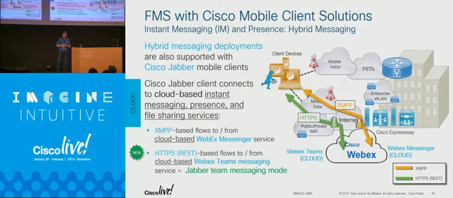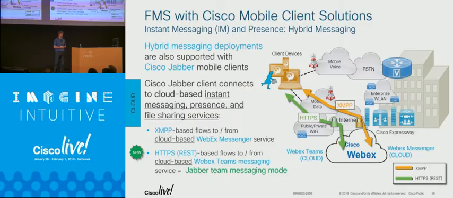But we recently added a new capability called Jabber Team Messaging Mode, which is basically Jabber leveraging cloud again for IM and Presence services, but rather than leveraging WebEx Messenger, we're now leveraging WebEx Teams messaging, which is a different sort of messaging capability, a different part of the WebEx cloud, and is more aligned with the WebEx Teams client capabilities. And that's called Jabber Team Messaging Mode.